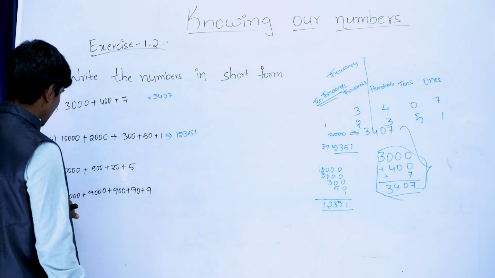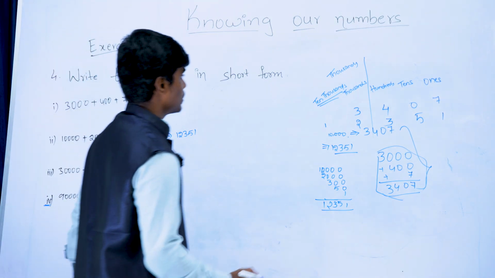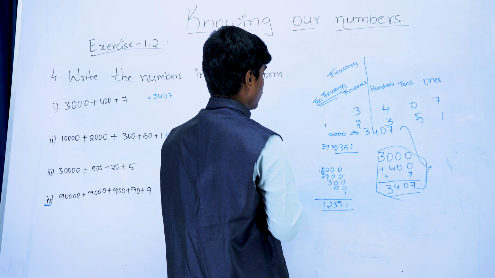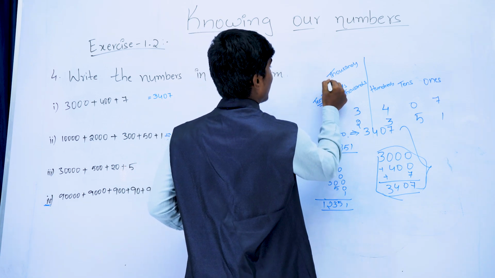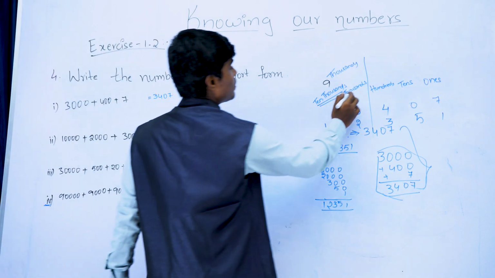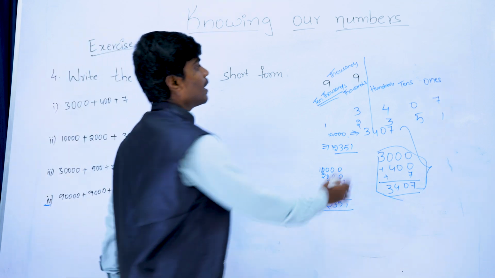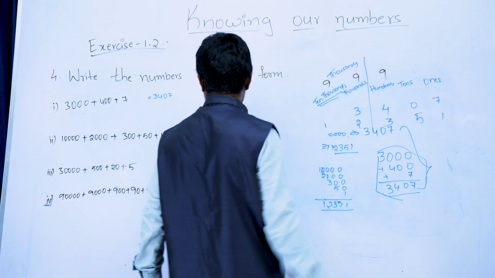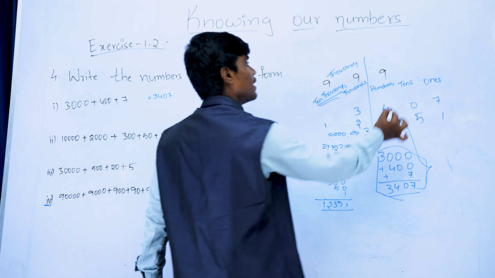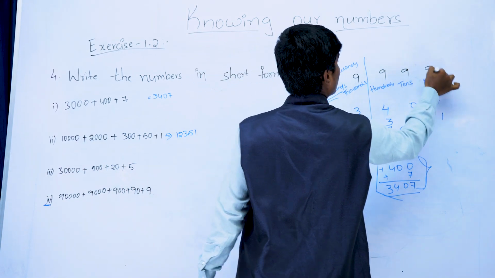Now, let me explain the fourth problem. 90,000s means in 10,000s place we have to write 9. 9,000, in thousands place we have to write 9. 900, in hundreds place also we have to write 9. 90, in tens place also 9, and in ones 9.